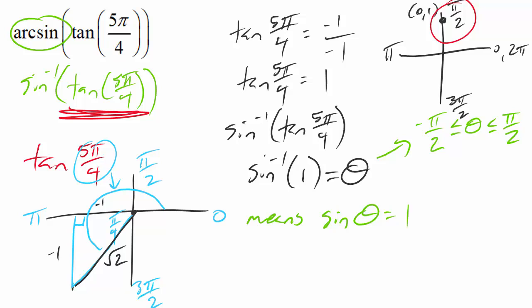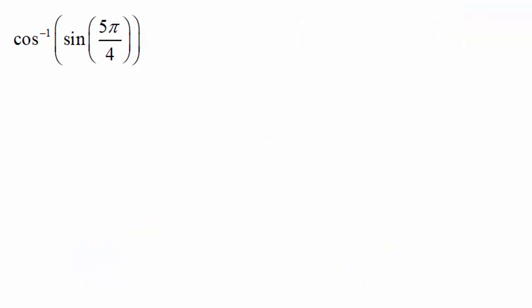Since that is the or equal to part of the less than or equal to pi over 2, we know that theta then has got to be equal to pi over 2.